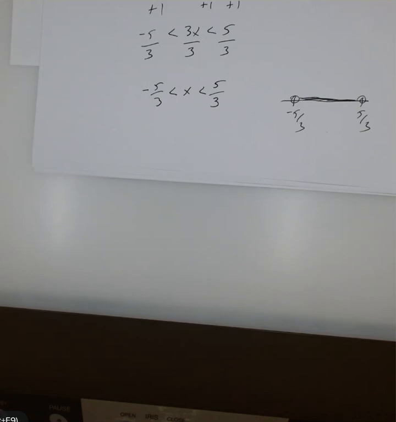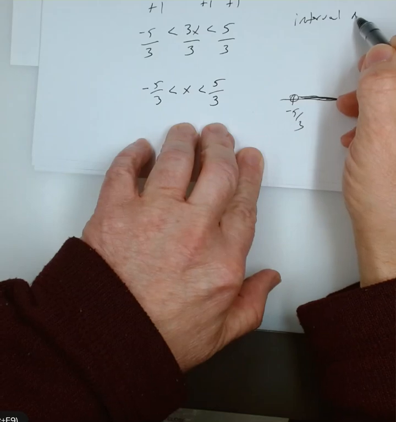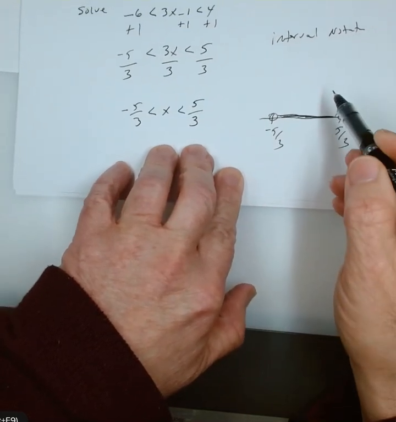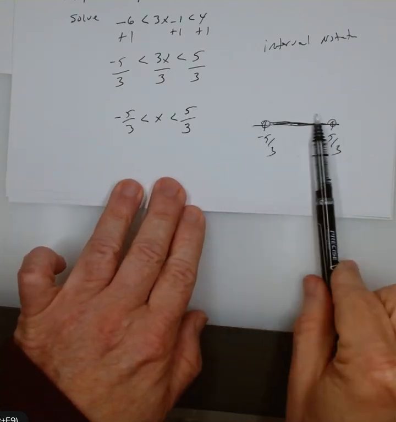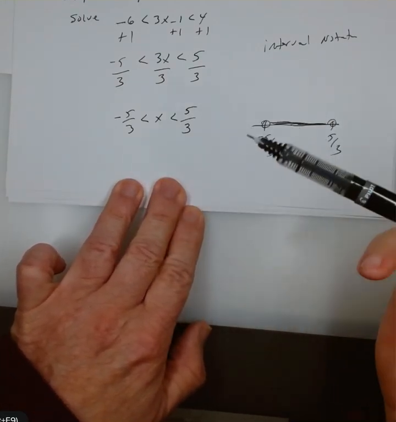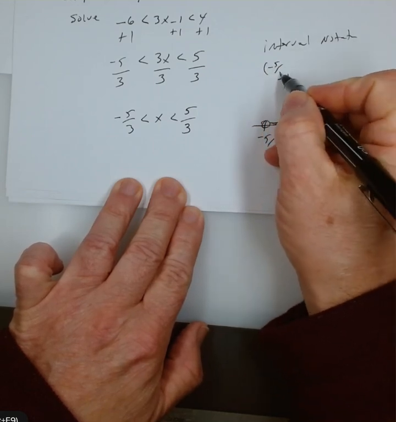What would the interval notation be? Always go from left to right, from smallest to largest. Left to right. What's the interval notation? Parentheses. Negative 5/3, comma.